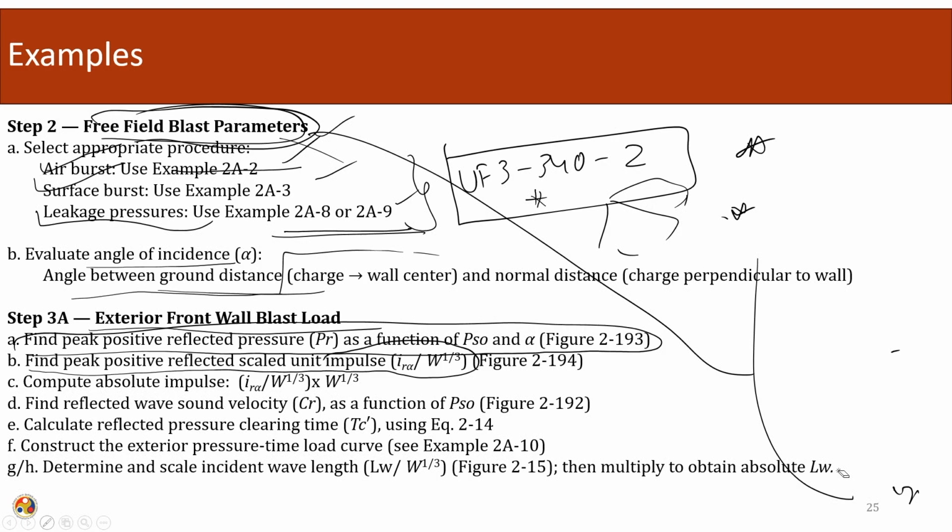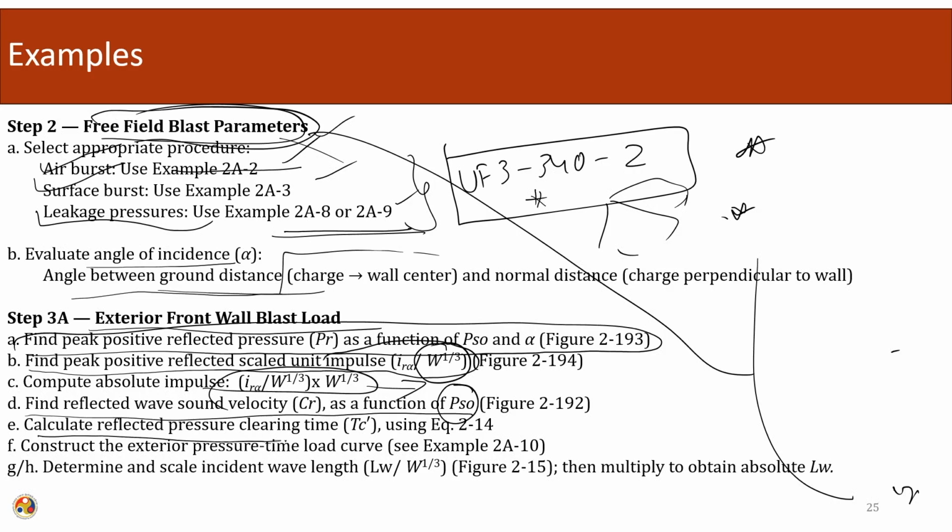Since this is divided by the cubic root of W, this is a scaled impulse. After that, we multiply it by the cubic root and we get the impulse in the absolute sense. We find the reflected sound speed as a function of Pso, the incident pressure.